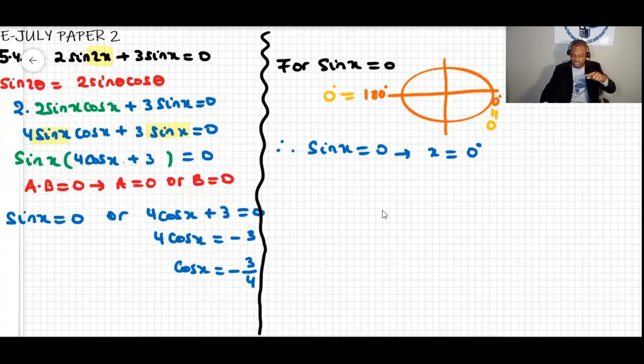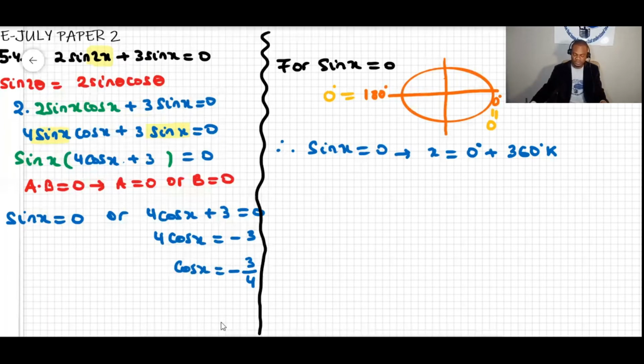So here I'm going to say 0 plus 360 degrees k. k is just the number of revolutions. After the first revolution, the second, the third, and fourth, it can be as many as possible. k is an integer.